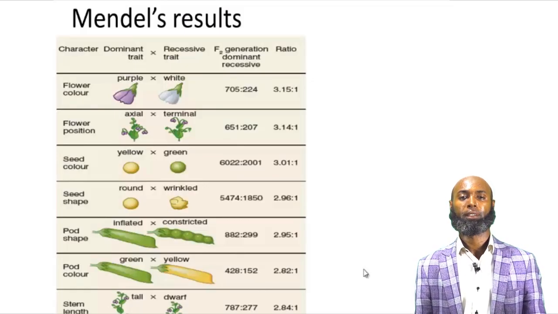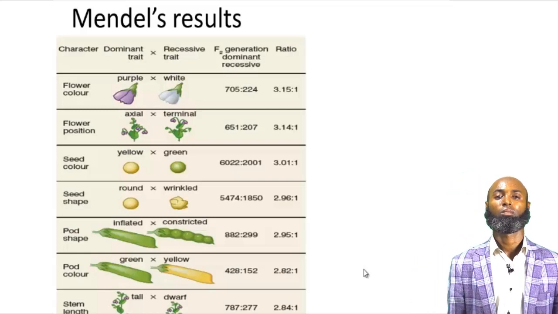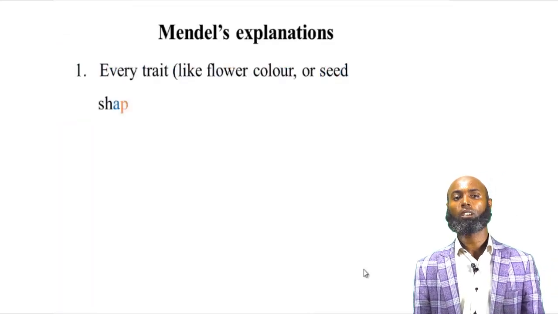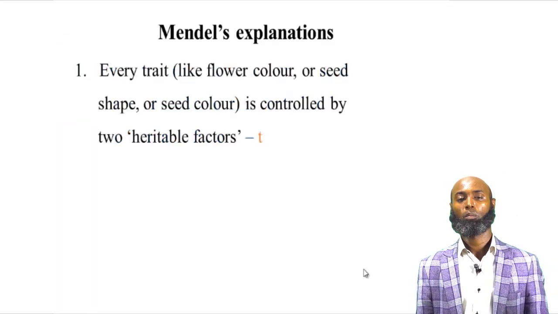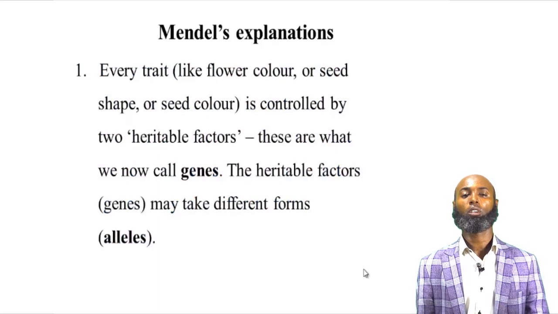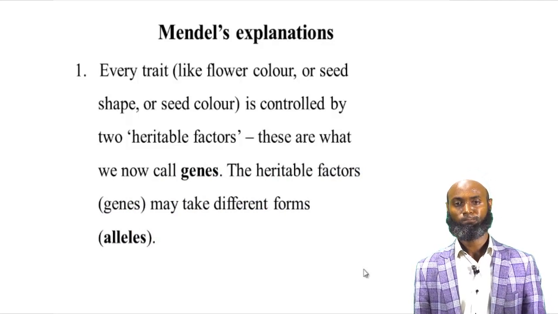How did he explain his result? Every trait like flower color, seed shape, seed color, pod shape, pod color is controlled by heritable factors, today known as genes.